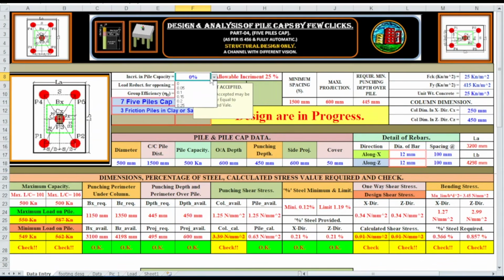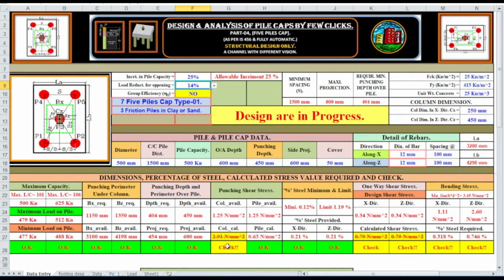We are accepting 25%. Now load reduction for opening, say 14%. Load on pile is less than maximum capacity of pile. Hence, it is okay.